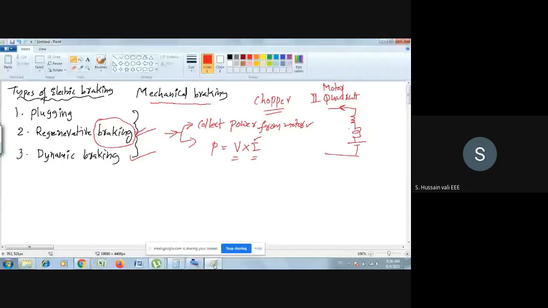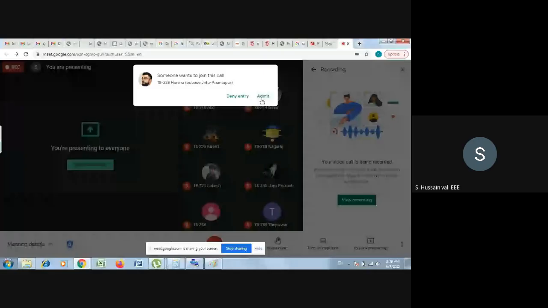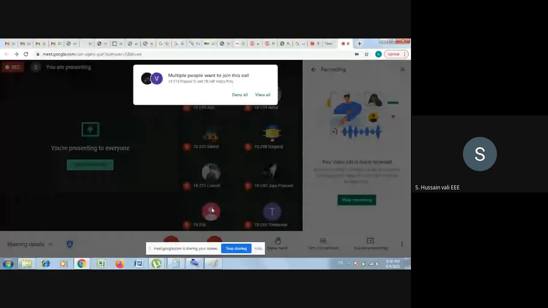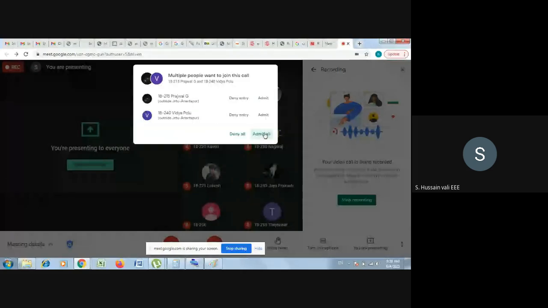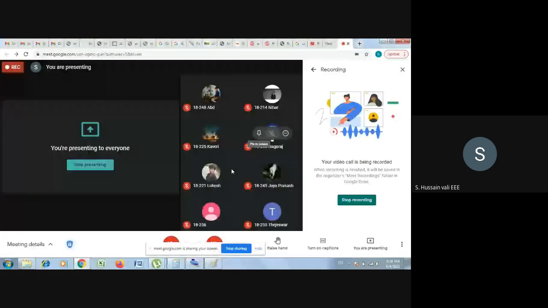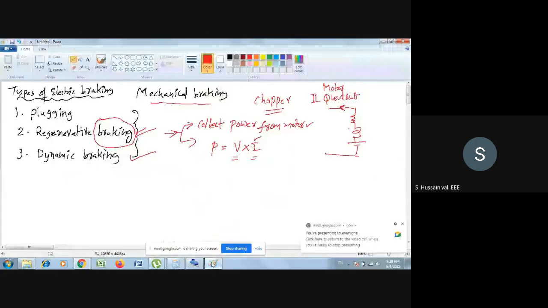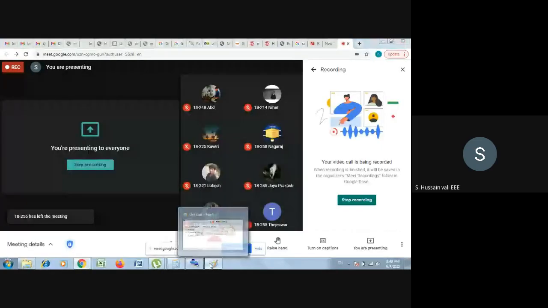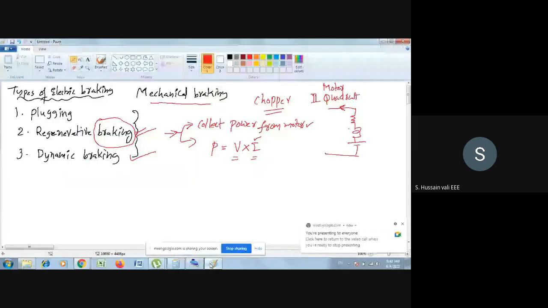Using that chopper, you can collect power from the motor. So you can slow down, or you can stop the motor, and at the same time you can collect the power. That is the advantage of regenerative braking.